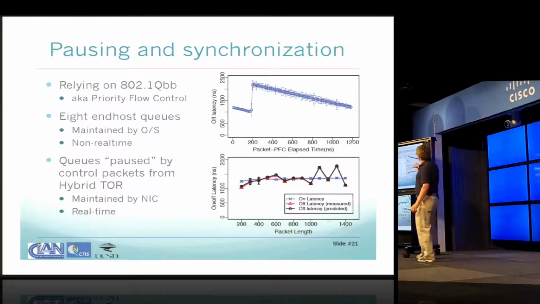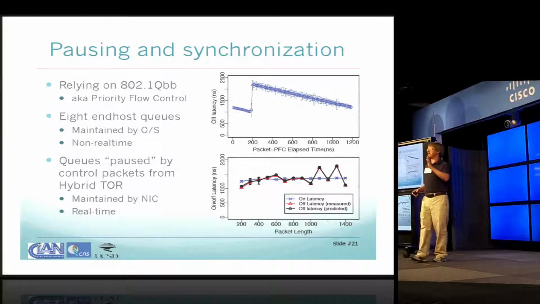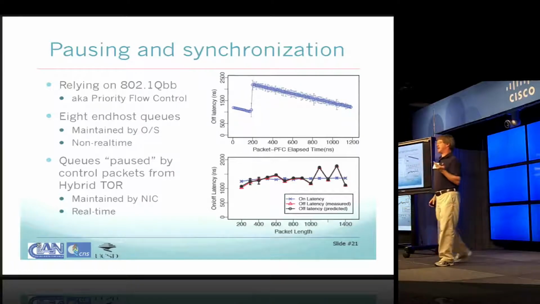This is the speed at which, if I ask them to stop the queue, in other words, stop sending, this is the off latency that we get, measured from the time we issue the command to stop sending until the time it actually stops sending. The issue here is, remember, there's always a synchronization issue.